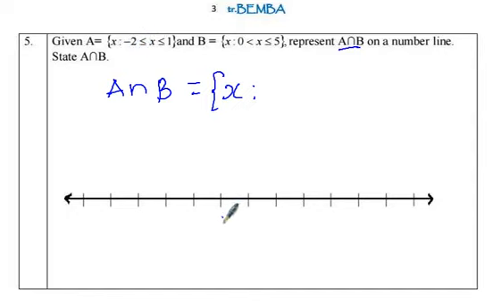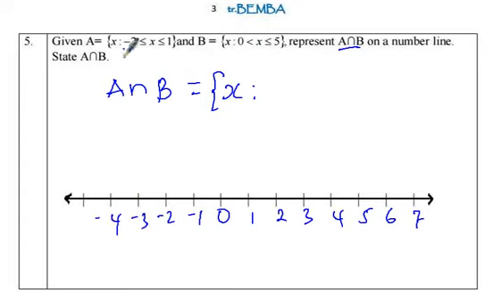If I put here elements: 0, 1, 2, 3, 4, 5, 6, 7. On this side we have the negatives. This is -1, -2, -3, -4.